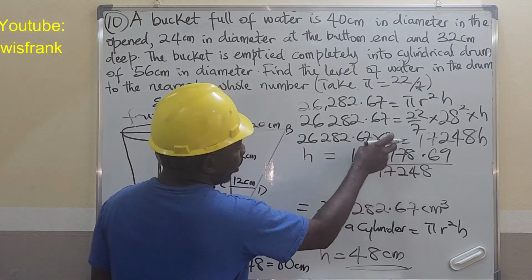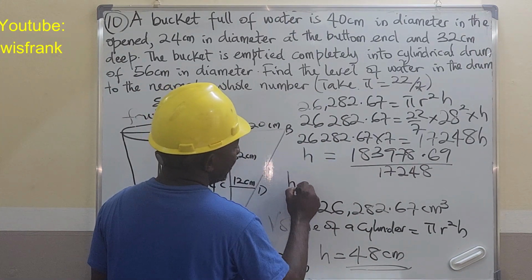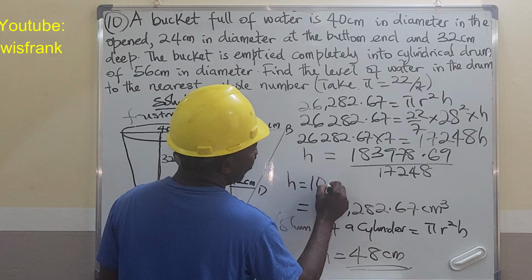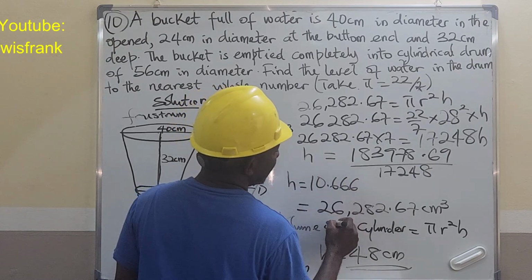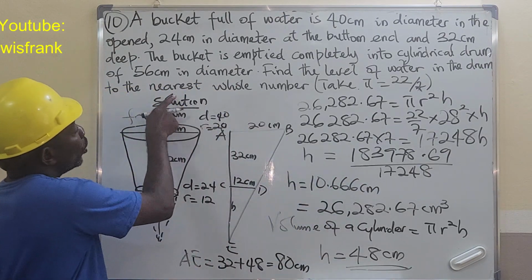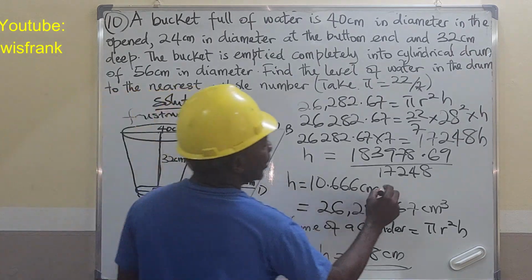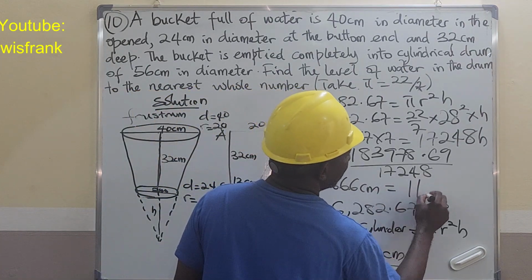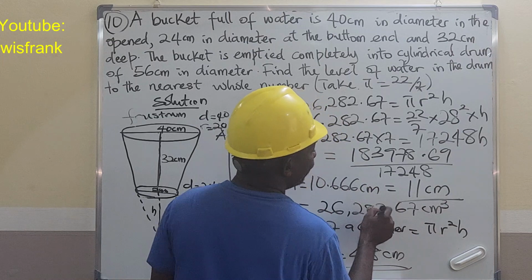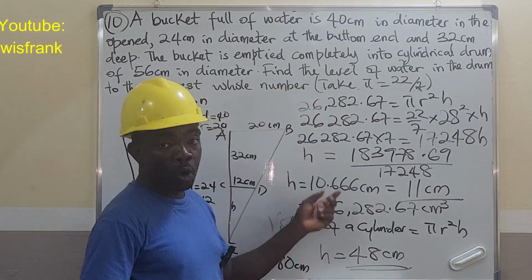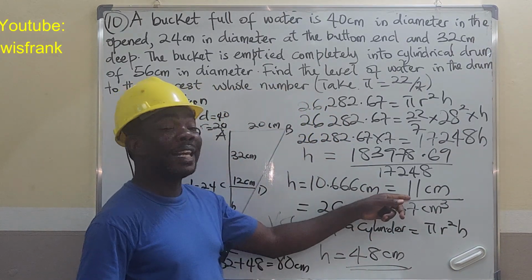So we punch this, we are having H equals 10.666 cm. But our answer says we should leave it to the nearest whole number, which is equal to 11 cm. So our value of H, the level of water that was poured into the cylindrical drum, was 11 cm.